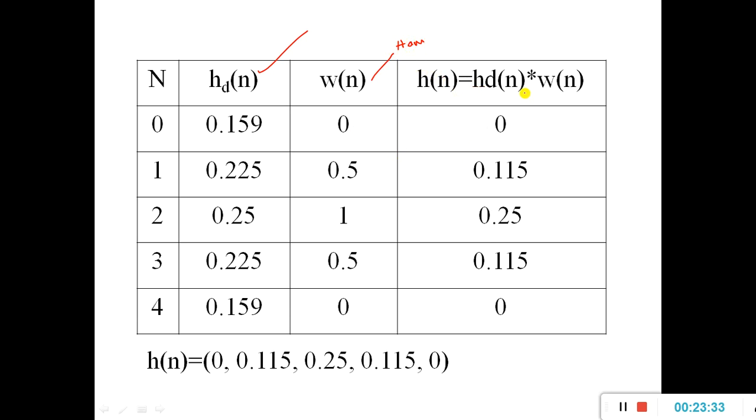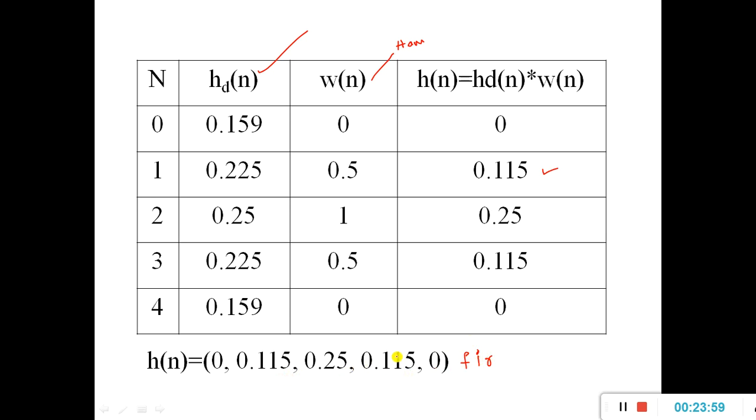Finally let me multiply these two values. So it is 0 into 0.159, it is 0, and 0.225 into 0.5 will give me 0.115. 0.25 into 1 is 0.25, and this is once again 0.115 and 0. Now finally we got the finite impulse response, FIR values.